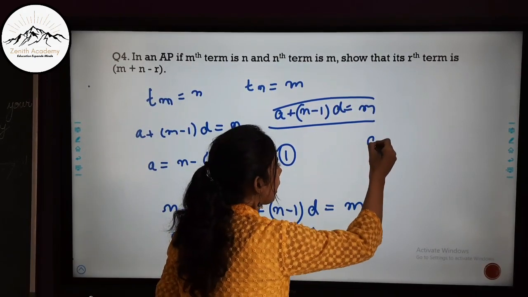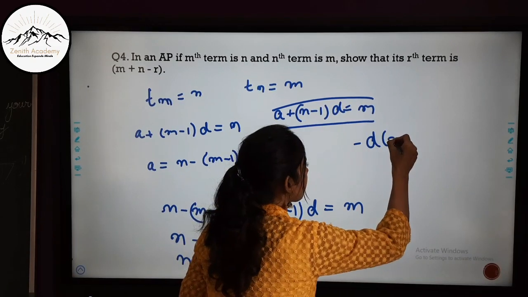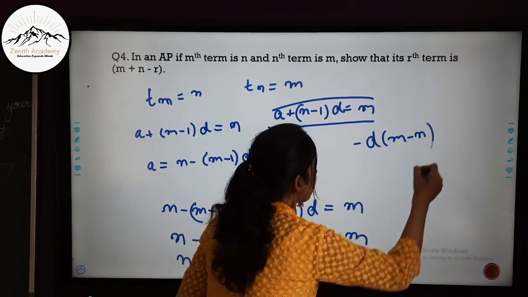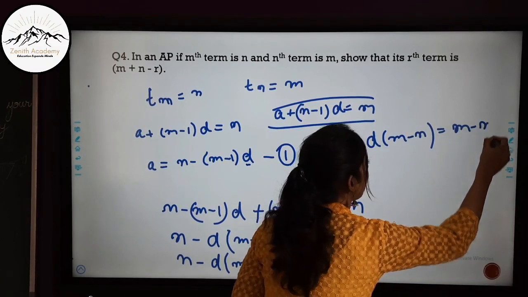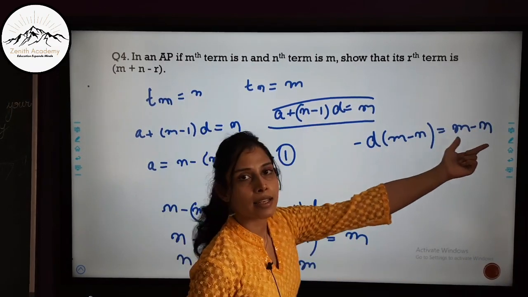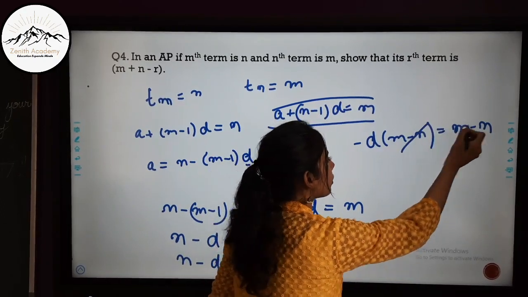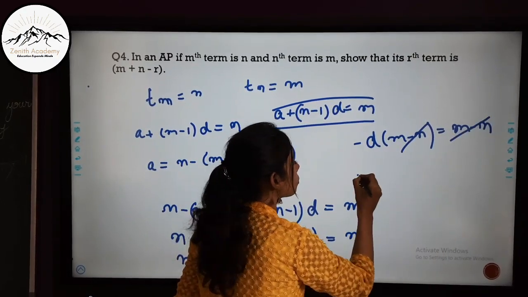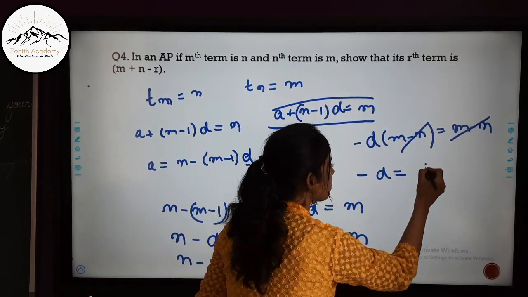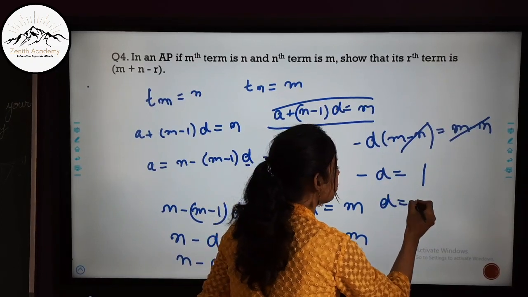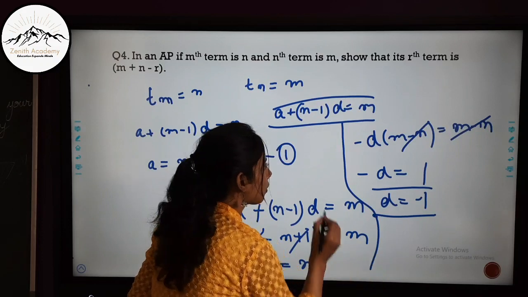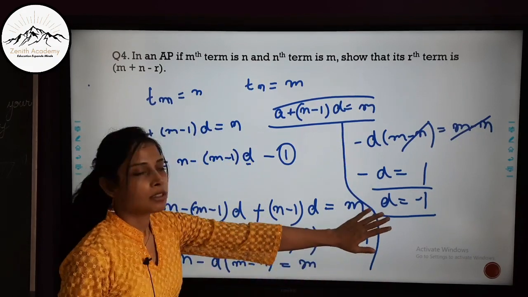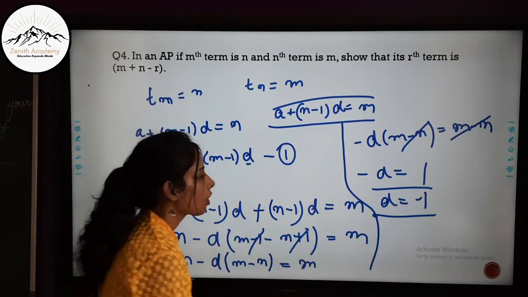Now shifting n to the other side, we'll get m minus n. m minus n and m minus n will get cancelled. So this implies minus d is equal to 1, d is equal to minus 1.